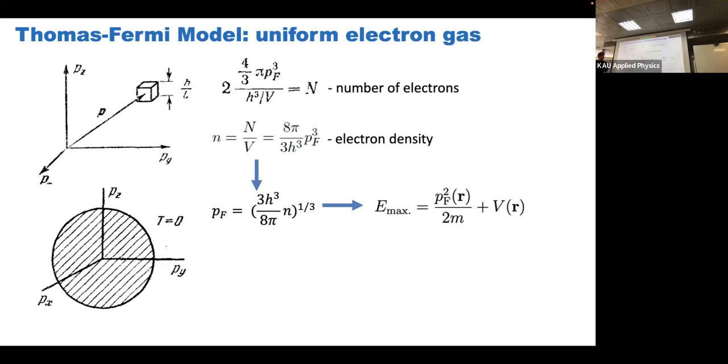I have told you that it's electron gas inside some potential V, and the energy of this gas consists of the kinetic energy of each electron, P squared divided by 2m, plus this potential V. So we get the maximum energy of some electron here, because here we have this vector.